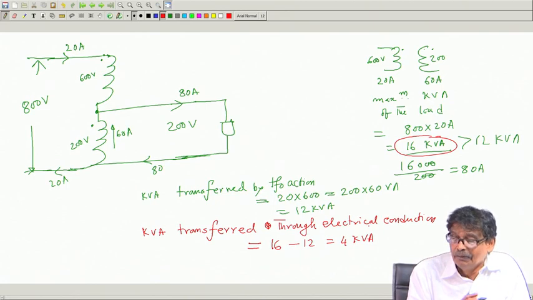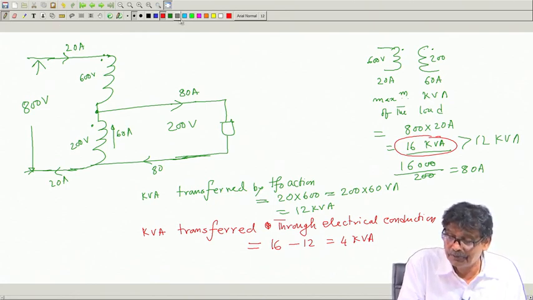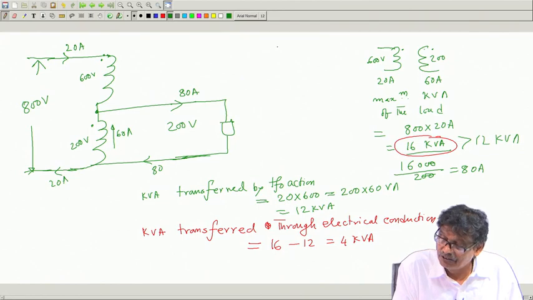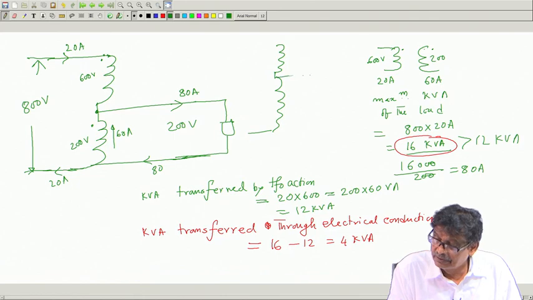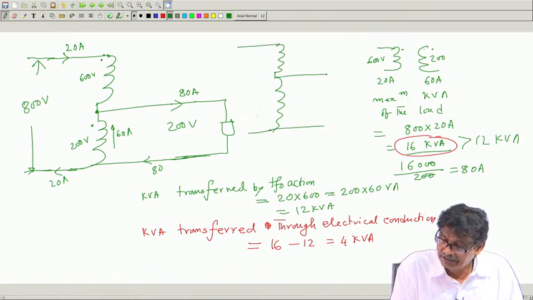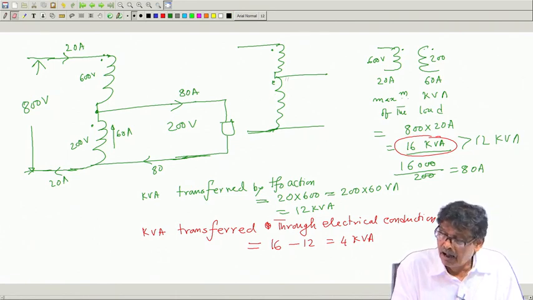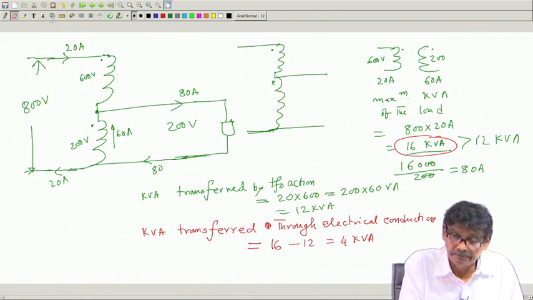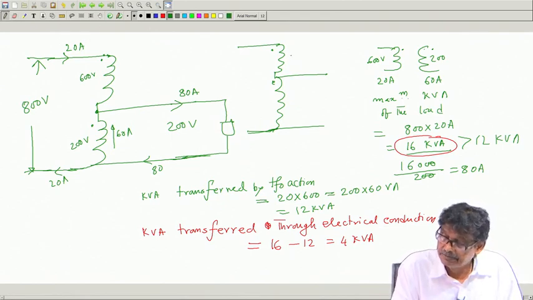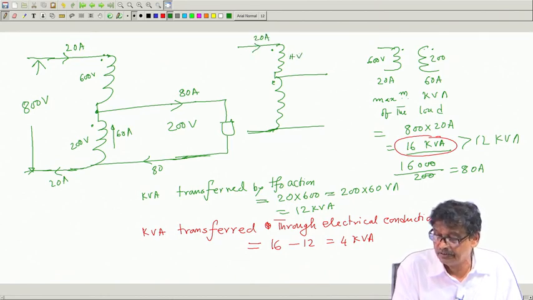Except one thing I will tell, these numbers I calculated like this, also it could be done like this, very quickly I will tell. Here was the load. First thing I told you that these two are dots given, and I told you that this is the HV side, and I will not allow more than 20 ampere, first I decide 20 ampere.